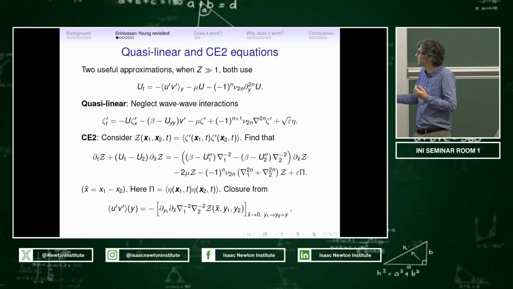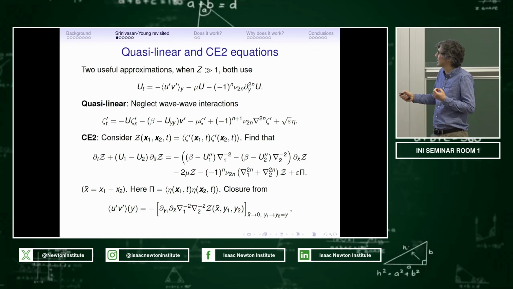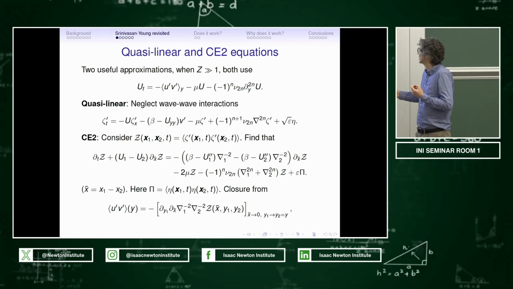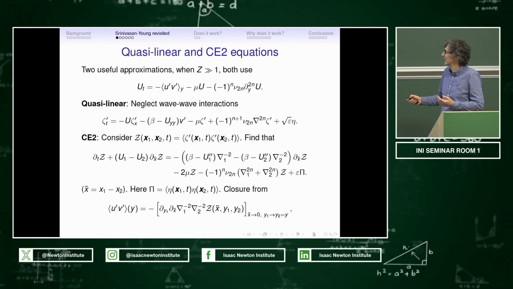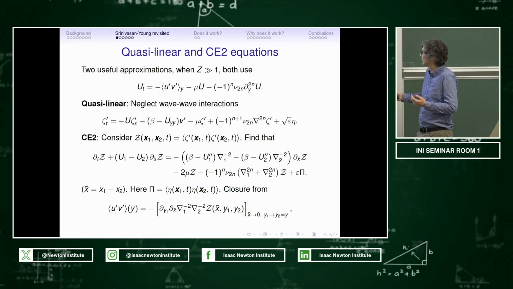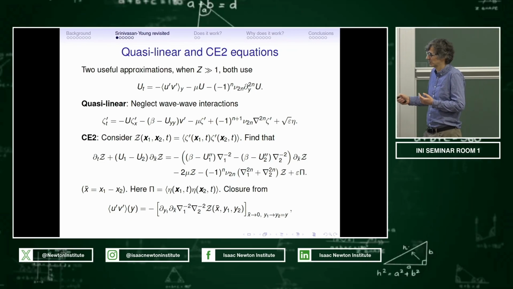It involves formulating an equation for the autocorrelation of the perturbation vorticity as a function of two different spatial coordinates. You end up with a PDE for this correlation function, which is defined on the domain squared, which is the reason for the subscripts 1s and 2s appearing here.